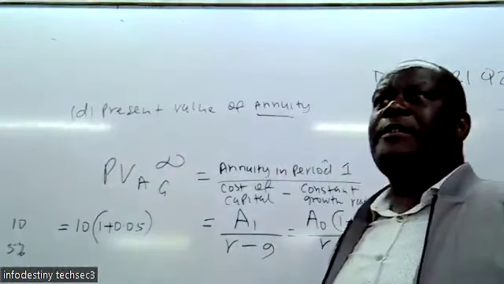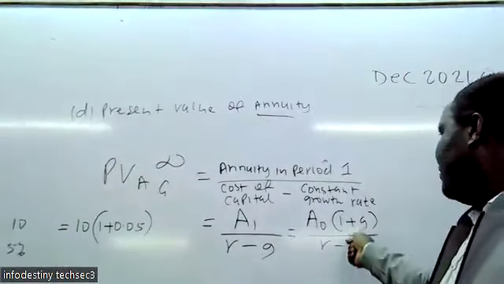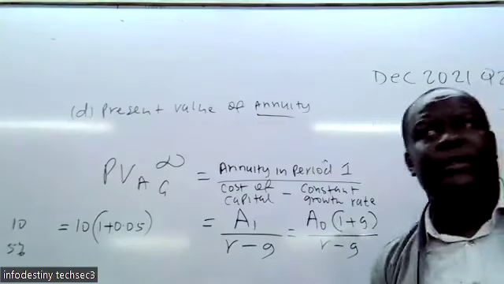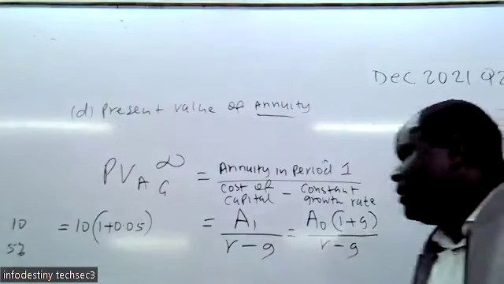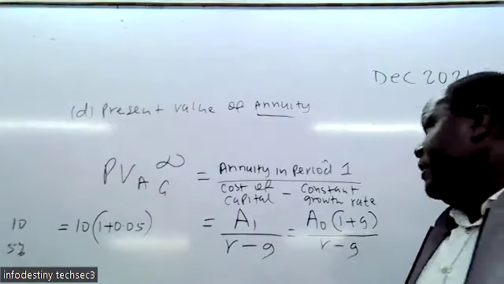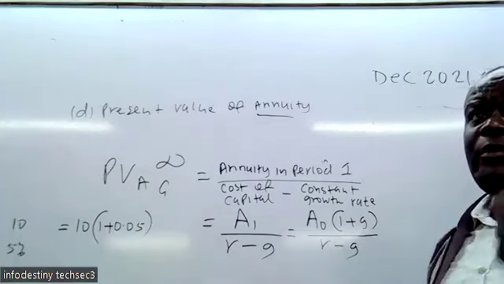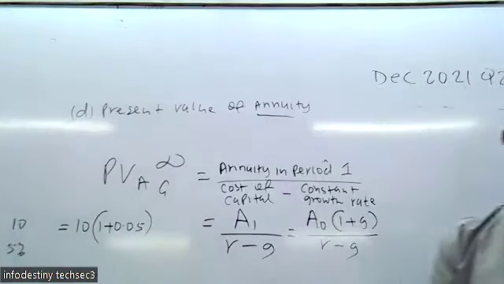I've simply increased it by what percent? 5%. So 1 plus G, because that G is a percentage. So you add it on the value now to get the growth there, annuity in period 1. When you want to get annuity next year, you take the annuity for this year, then increase it by that constant growth rate.